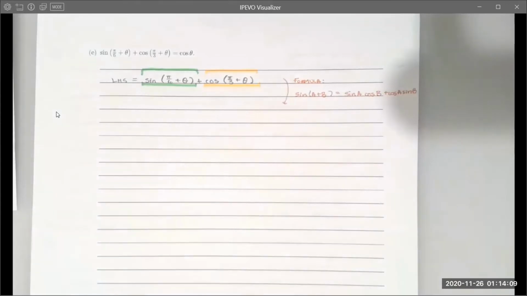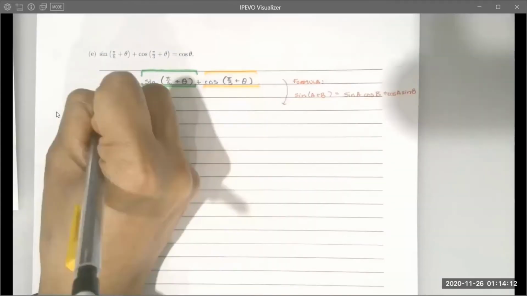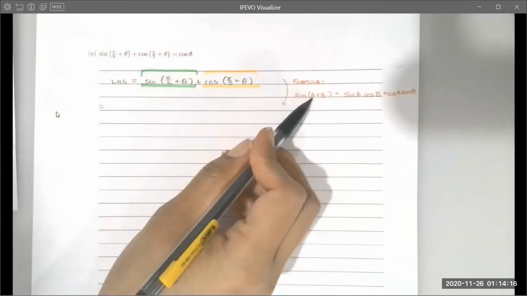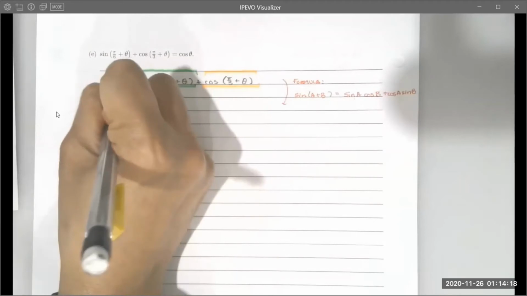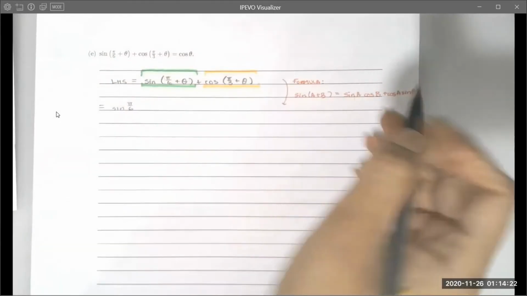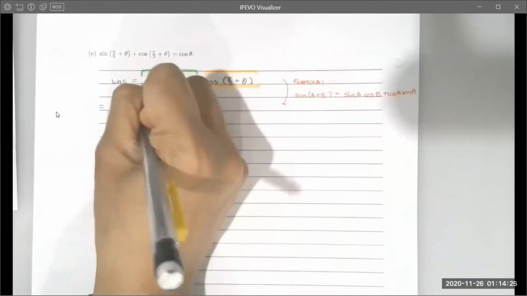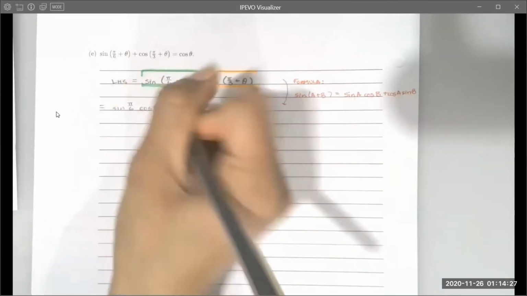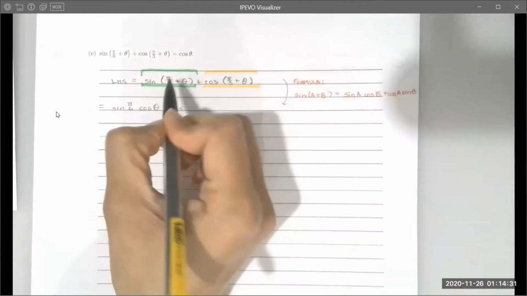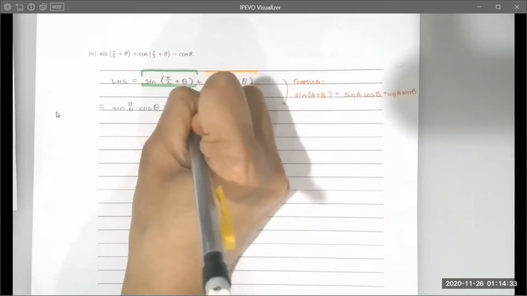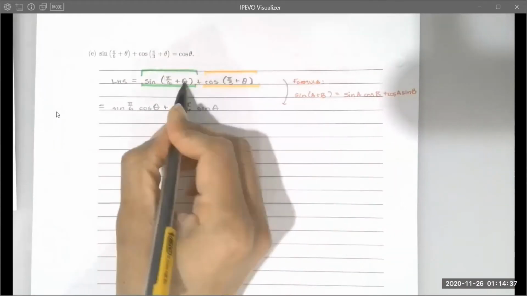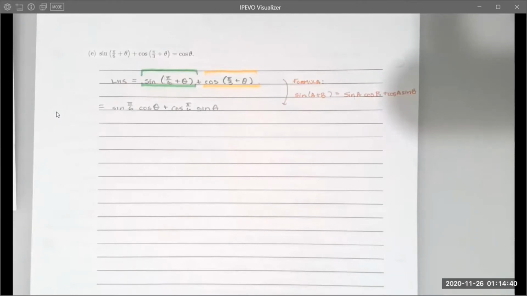Okay, so what is that going to look like then? Well, in our case, the pi over 6 is like A. So sine of A would be sine of pi over 6 times cosine B, and B in our case is theta, so times cosine theta, plus cosine of A, and A is pi over 6, times sine of B, so that's times sine of theta, because B in our case is theta.